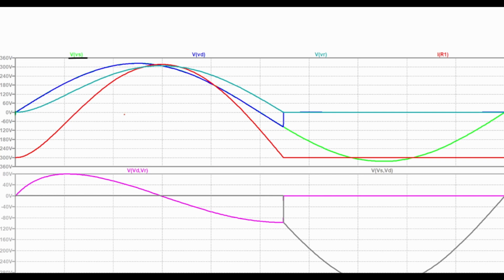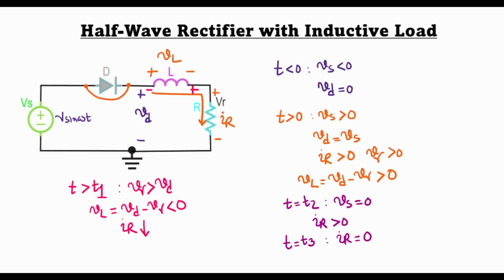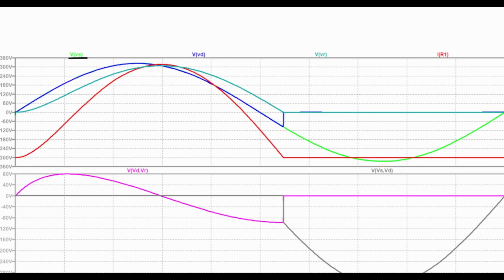So these are the plots of the input voltage, the output voltage Vd, the voltage across the resistor Vr, the current through the circuit IR, then Vd minus Vr is the inductor voltage, since if I subtract Vr from Vd, then I get the voltage across VL, and Vs minus Vd is the diode voltage, which you can see has reverse bias during the negative cycle.